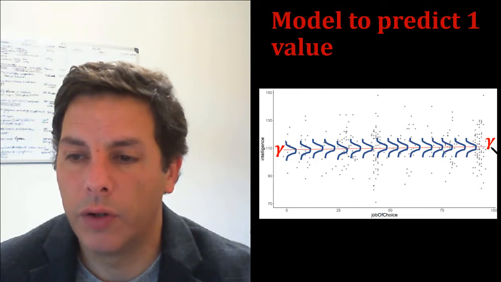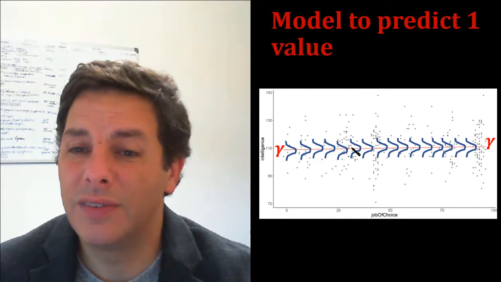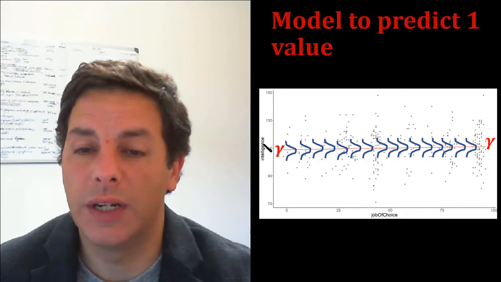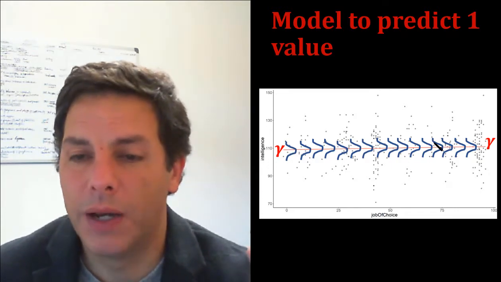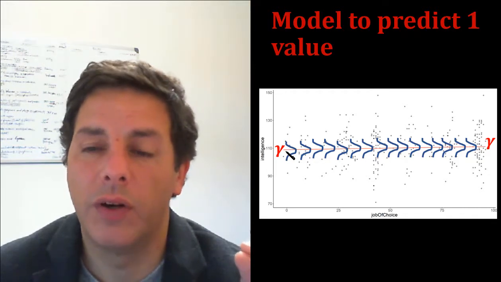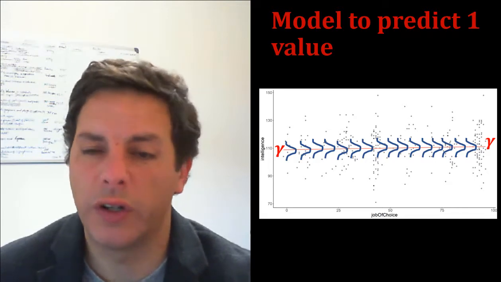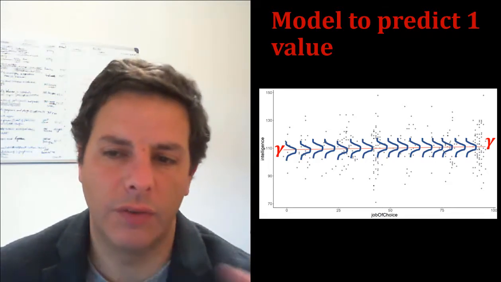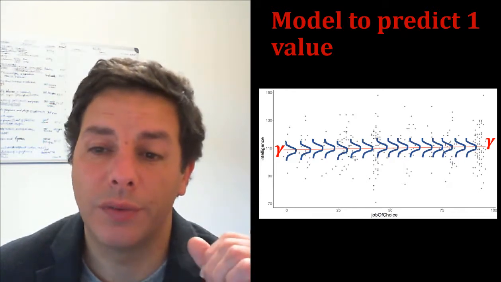And for x 100 is around here. So as you can see, job of choice is not a good predictor of intelligence, because this line varies a little bit, but not much. It's a bit higher at 100 than at 0, but by very little. So in that case, job of choice is not a good predictor of intelligence. We can see that by a visual inspection. We don't need the formulas.